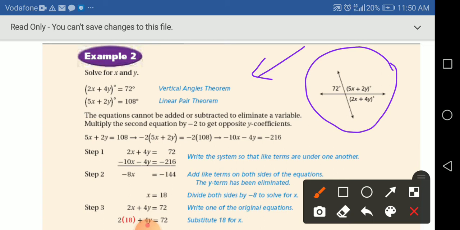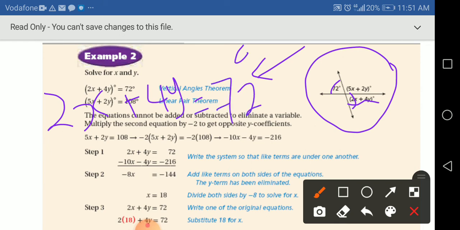I have here what, guys? Can you see we have 2x plus 4y? It's an angle, and it's equal to the opposite angle, the vertical opposite angle. So I can say 2x plus 4y equals 72 degrees.